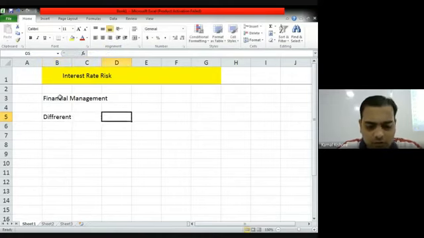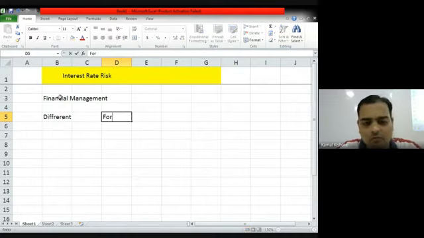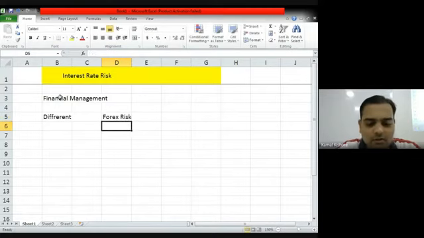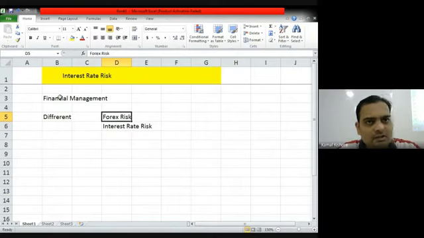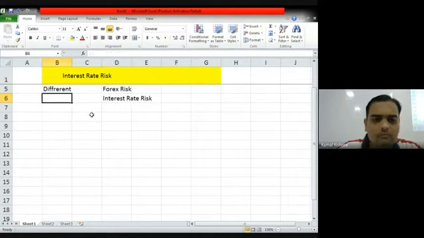Two major risks are forex risk, if you are involved in import and export, and interest rate risk. We looked at foreign currency risk last week. Today we'll try to understand what this interest rate risk is.